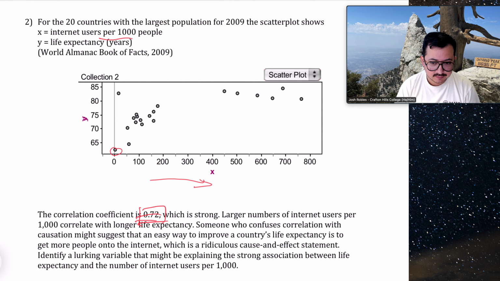Someone who confuses correlation with causation might suggest that if you have a country and you want to improve its life expectancy, get more people on the internet. Go around and distribute little tablets that connect to the internet somehow, and people are going to live longer. Is that directly going to cause them to live longer?